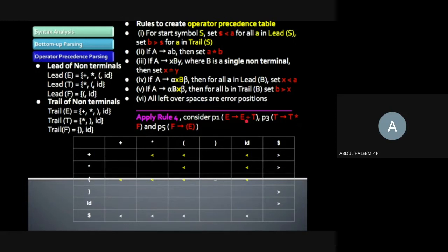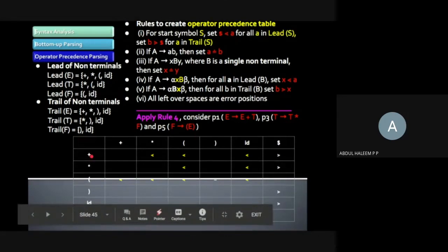X is plus, so plus is less than lead of B. Here B is T, so we'll take lead of T. So we will set between plus and lead of T: plus is less than star. So we'll take plus and star, and mark less than.